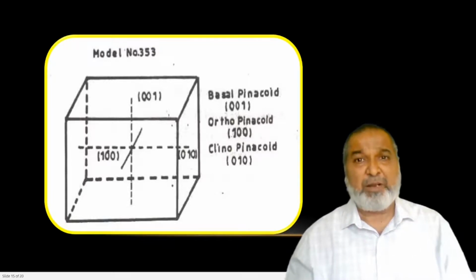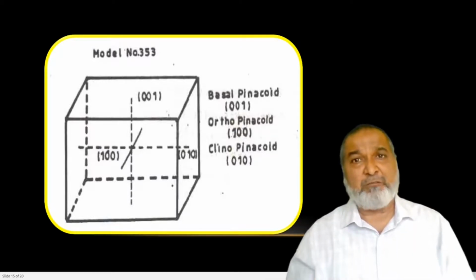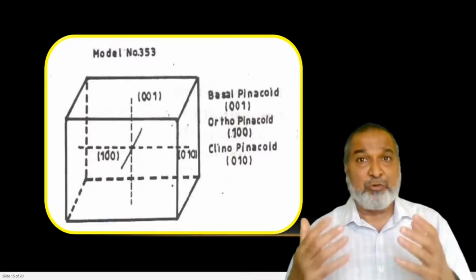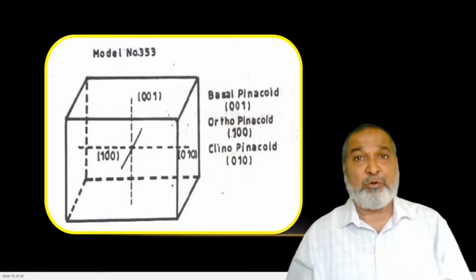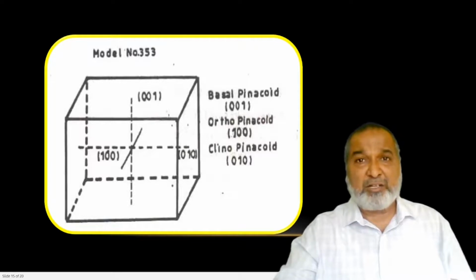If you don't want this, you can write ortho pinacoid, clino pinacoid, and basal pinacoid. But if you write this systematically, the examiner will be impressed that you know everything. Might be somewhere you have made a mistake, but he will not cut your marks, because you know the basic important parts.